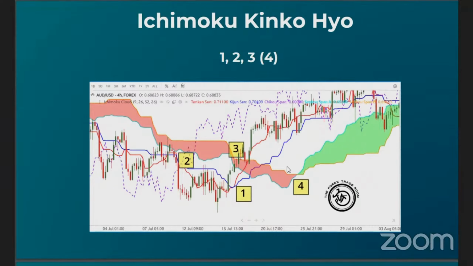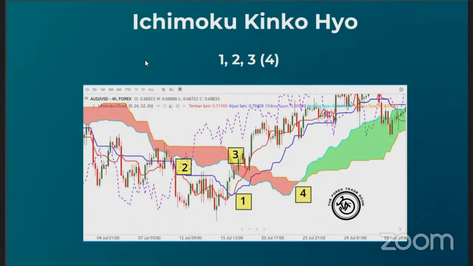When it was first shown to me, I thought, get this mess off my chart. But when it was broken down, I was like, oh, this is so simple. It was falling in line with what I was doing anyway, and it just enhanced it. So kind of combine the two.